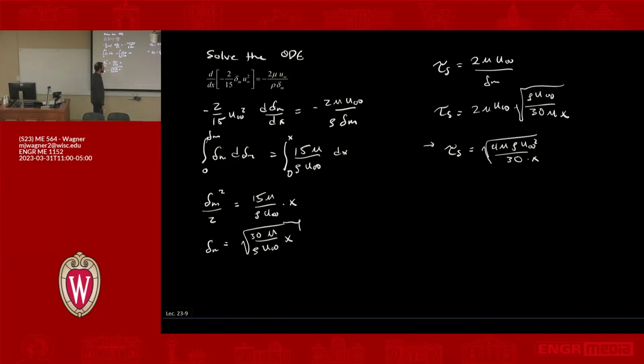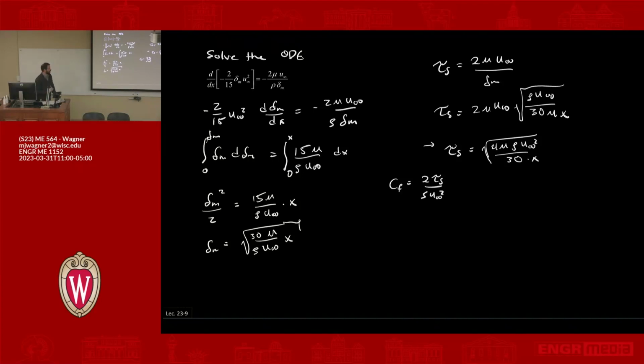We could maybe go further and look at how this compares to the coefficient of friction, because normally your correlations are in terms of friction coefficient. So let's use this definition of the friction coefficient and then compare that to the known Blasius solution. Cf is equal to 2 tau s over rho u infinity squared.